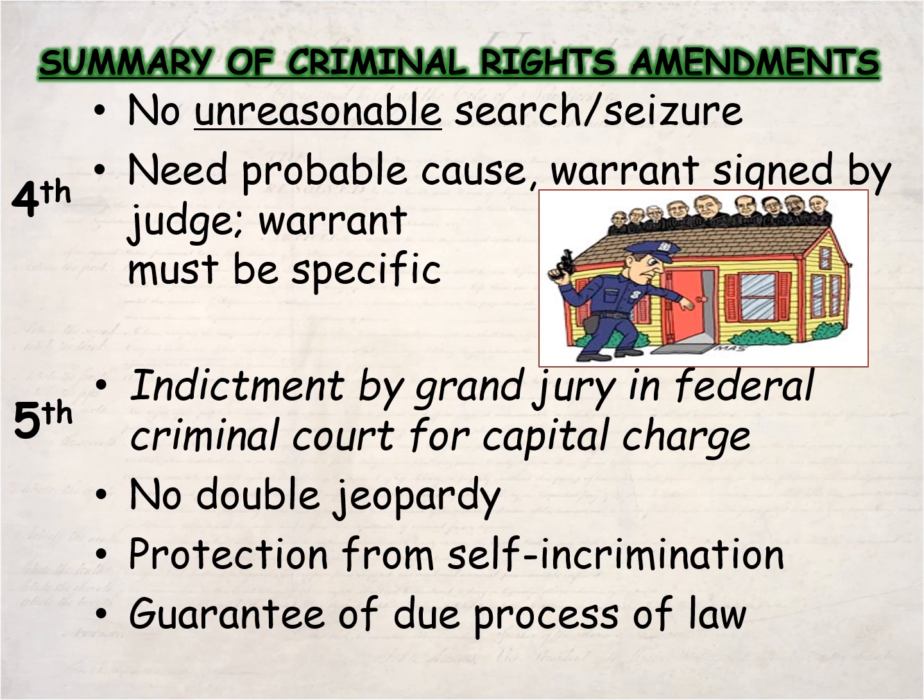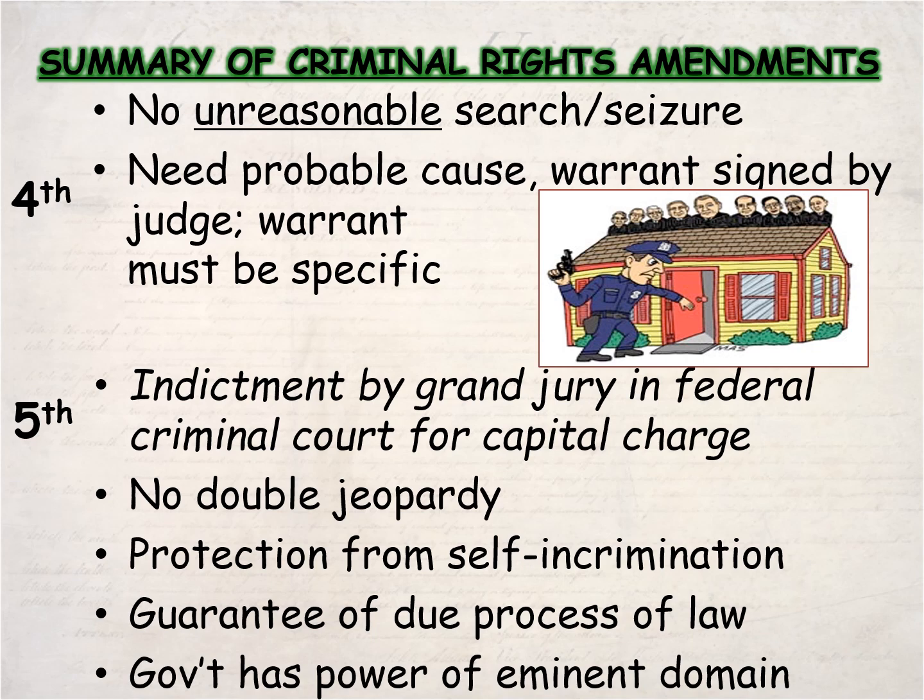The federal government cannot deny you life, liberty, or property. And probably the most famous case, of course, stemming from the Fifth Amendment. Oh yeah, eminent domain. The government can take private property and use it for public use. They just have to pay you, what is it called? Fair market value.